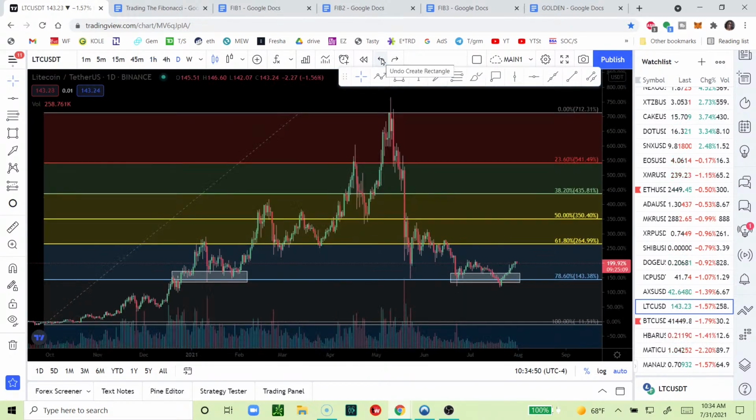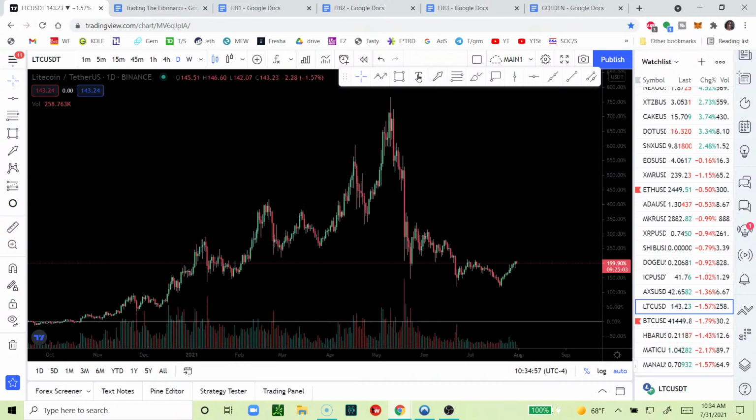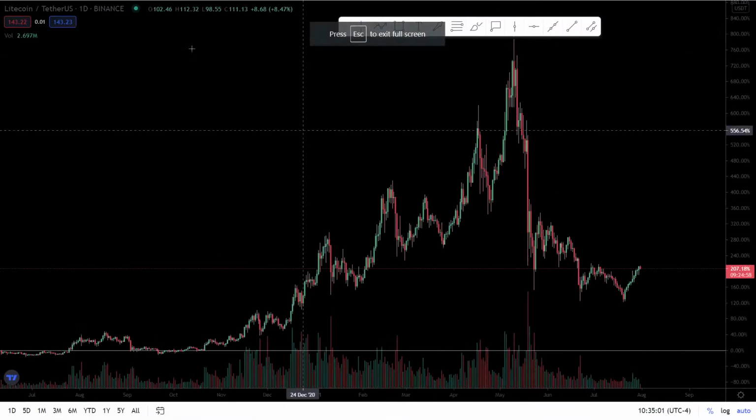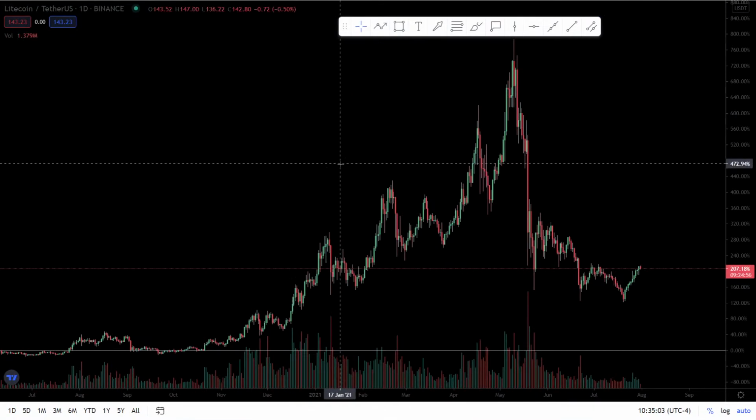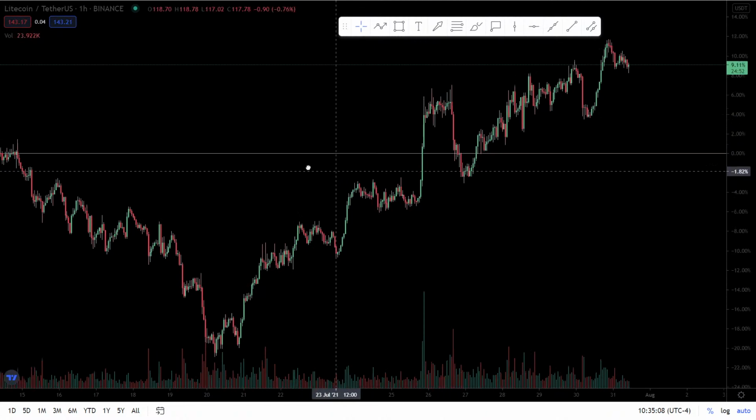That's a Fibonacci. And let me exit out of this. Remove the drawings. So here we are. This is our 1 day. So let's go to our 1 hour. Okay, so here's our 1 hour.